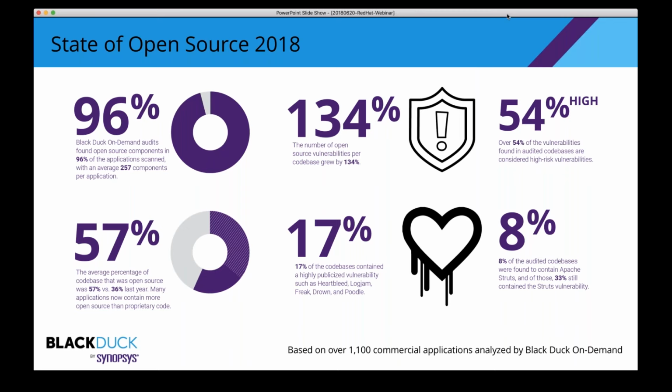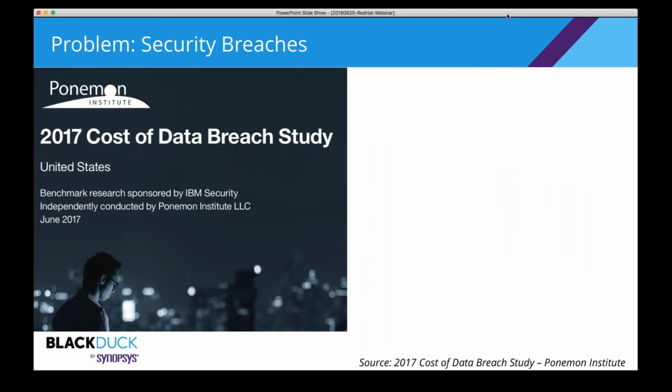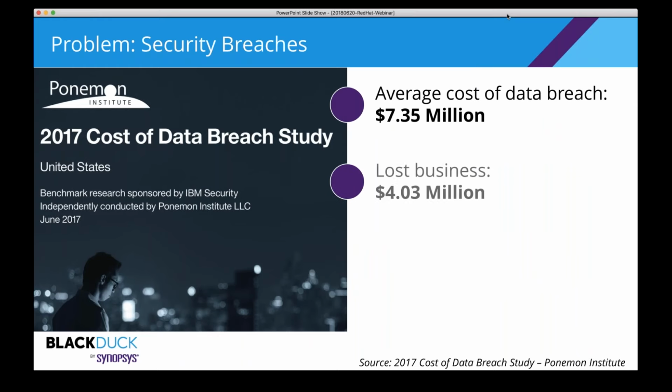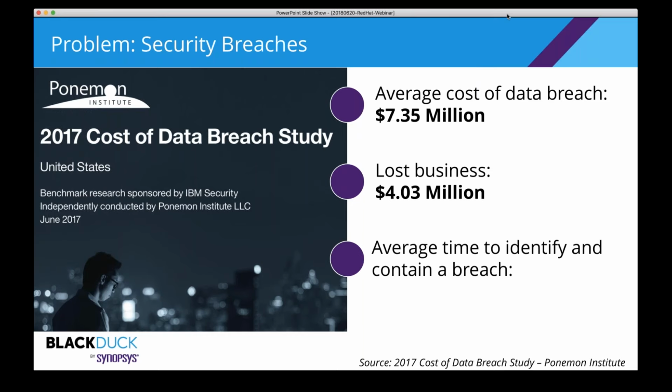So it's no surprise that security breaches are a problem, and having open source intelligence will help reduce the cost of security breaches and lost business, but having it by itself really isn't good enough. As shown here, it takes over 6 months to identify and contain a breach.